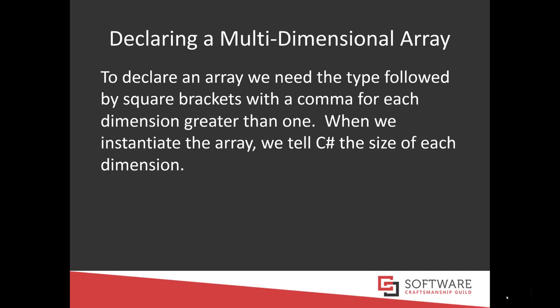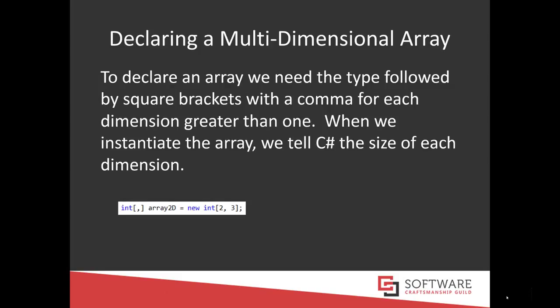Multi-dimensional arrays behave very similarly to single-dimensional arrays. To declare the array, we're going to put the type, we're going to put the square brackets, but we're going to put a comma for each dimension greater than the first one. Then when we instantiate it, we're going to tell C# what size each dimension actually is. So here's a 2-dimensional array.